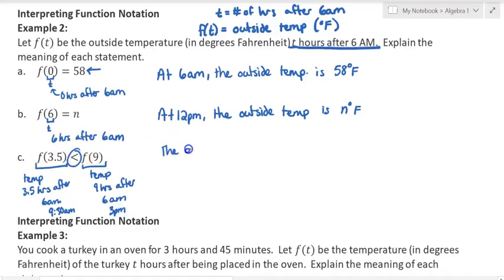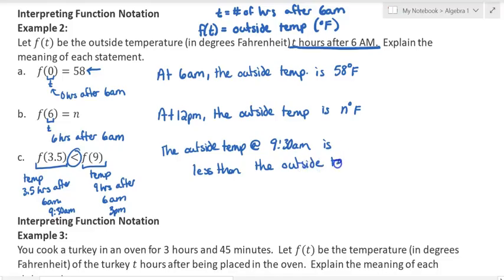So, the outside temperature at 9:30 a.m. is less than the outside temperature at 3 p.m. So that's what the meaning of that statement is.